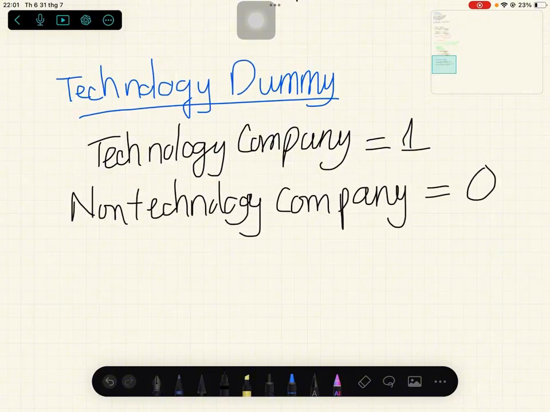Now the regression model can understand the difference. The important idea is the number itself has no economic meaning. The value 1 does not mean 1 unit of technology. It simply identifies membership in the group. It's a signal, a switch, like turning a light on or off.